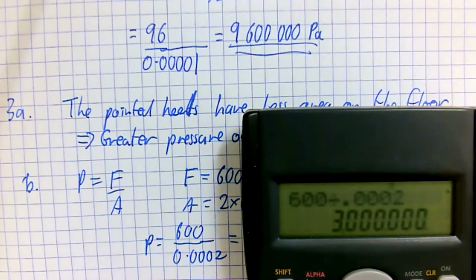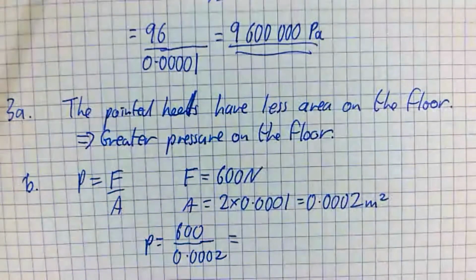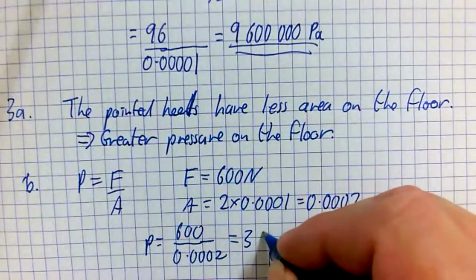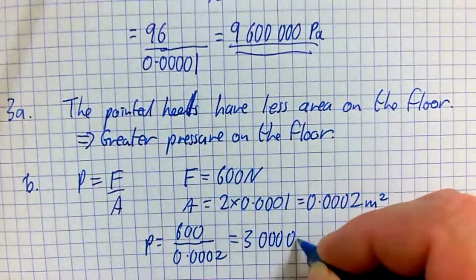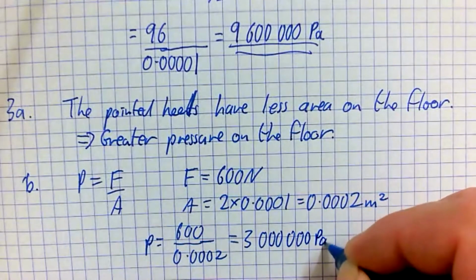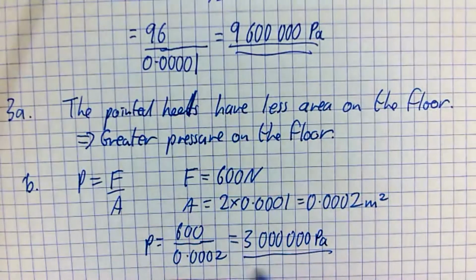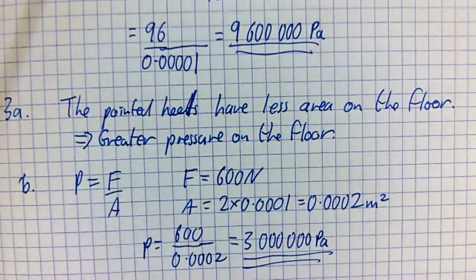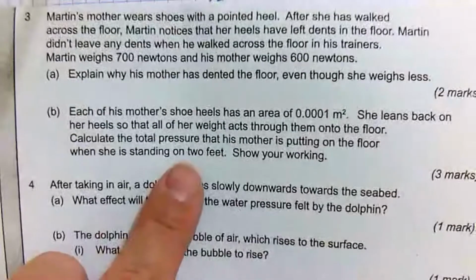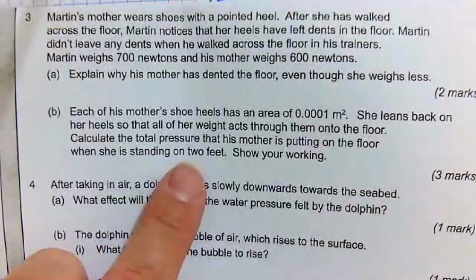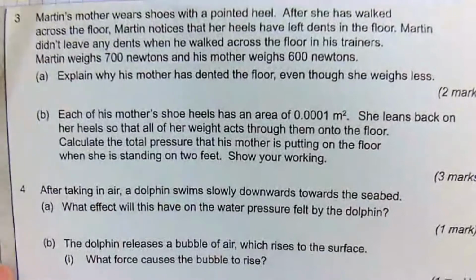And we end up with 3 million pascals. And then just write the answer. Okay, double underline. And that is the total pressure mother's putting on the floor when she's standing on 2 feet.